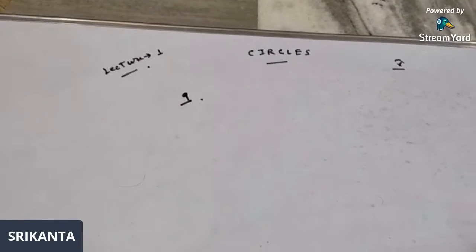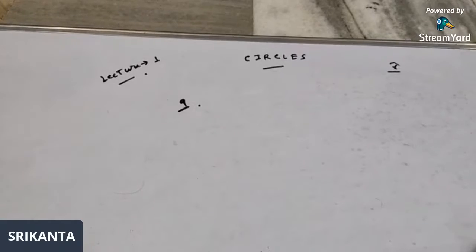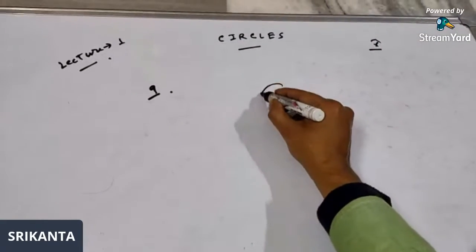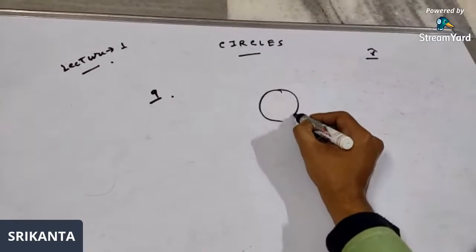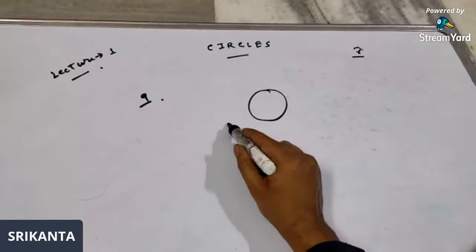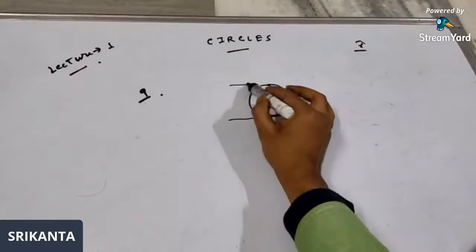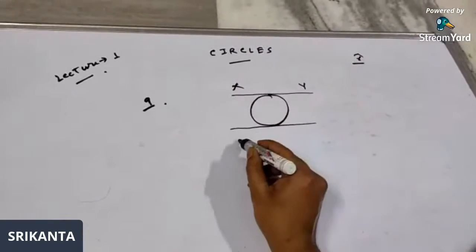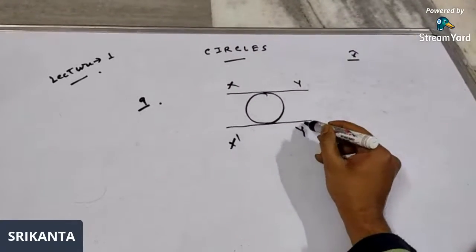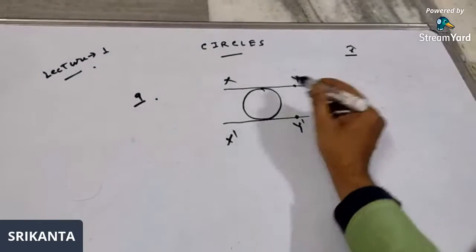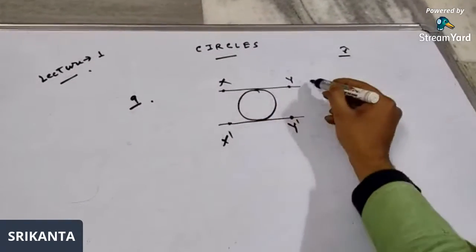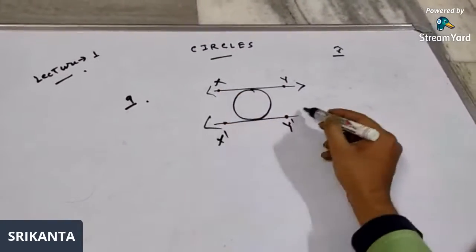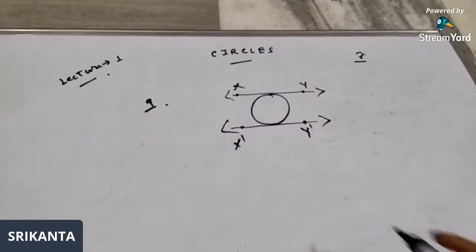XY and X dash Y dash are two parallel tangents to a circle. So the figure is being given. These are two parallel tangents.